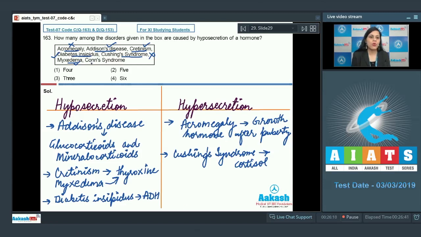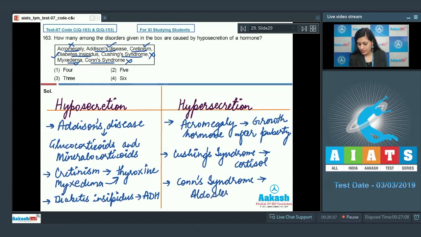And the last option is Conn's syndrome, and this is an incorrect option because Conn's syndrome is caused due to hypersecretion of aldosterone.